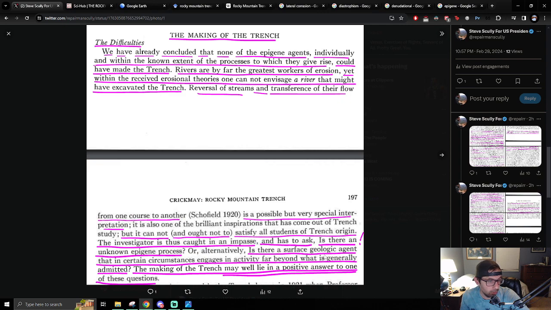Is there a surface geological agent that in certain circumstances, like the flood, engages in activity far beyond what is generally admitted, like the flood? The making of the trench may well lie in a positive answer to one or both of these questions.